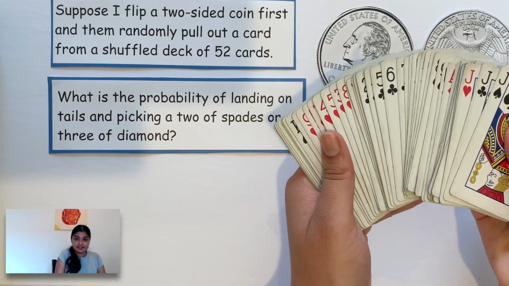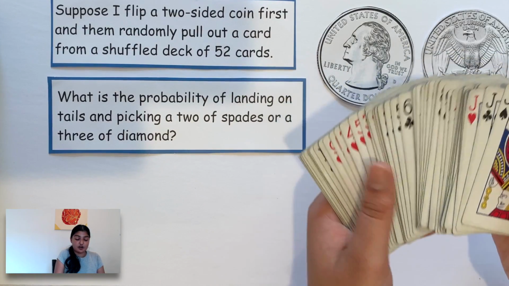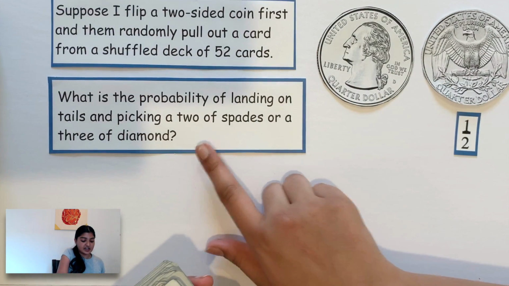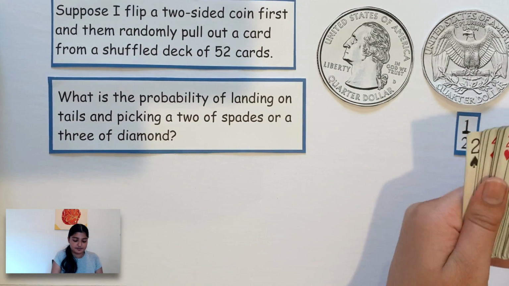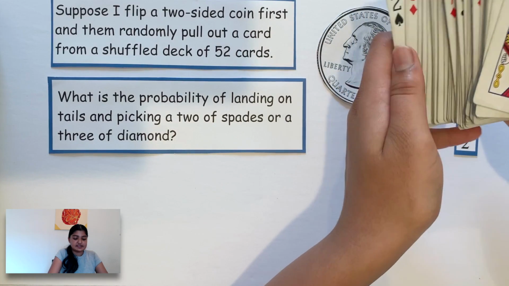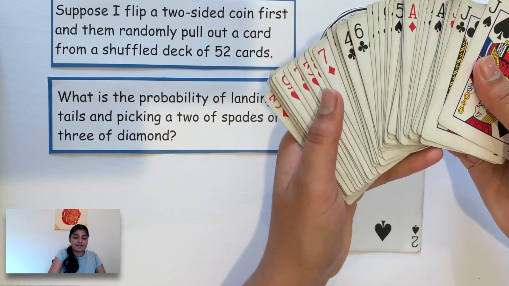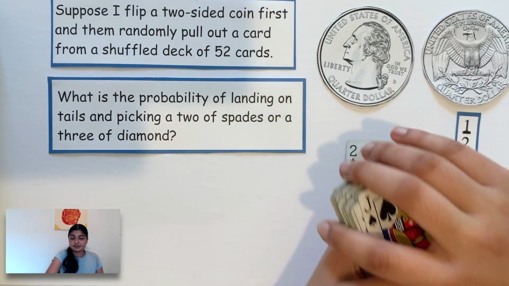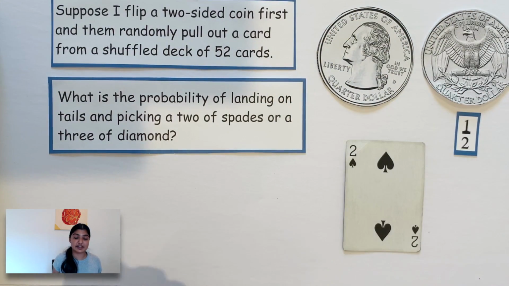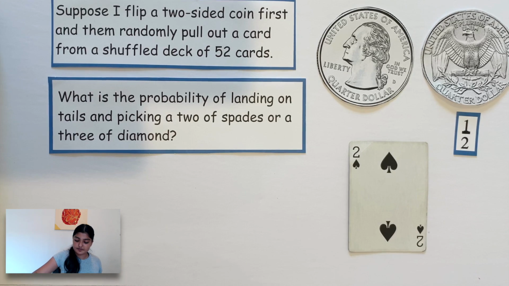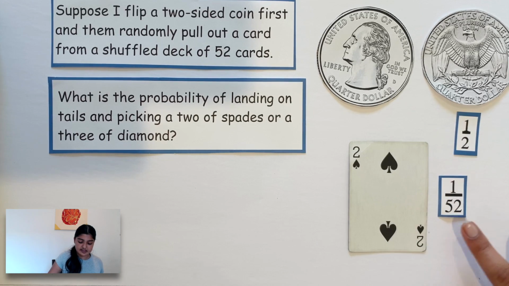In our shuffled deck of cards, let's start by finding the chances of picking a 2 of spades. As you can see, there's 1 2 of spades out of a total of 52 cards. So we know that the probability or chances of picking this card is 1/52.